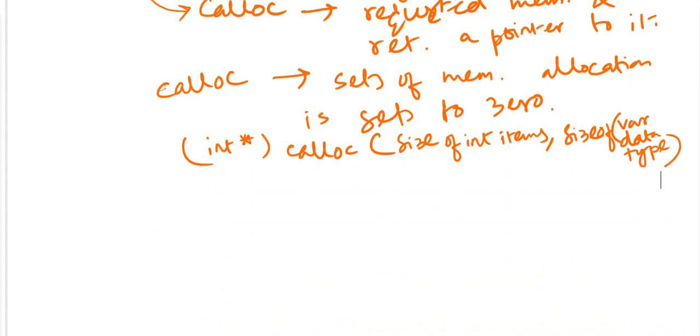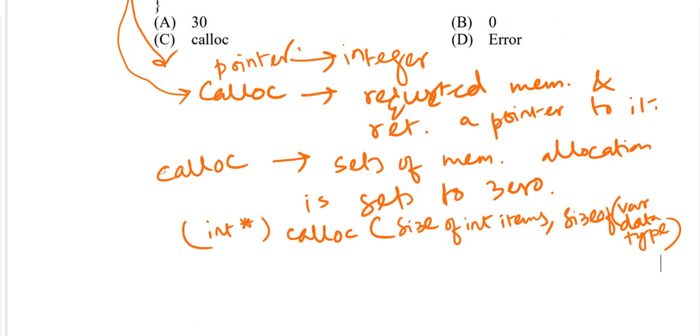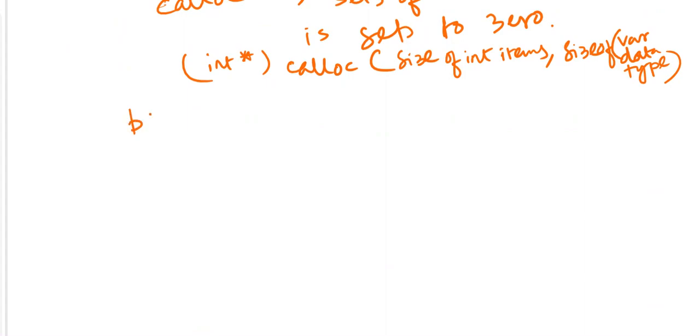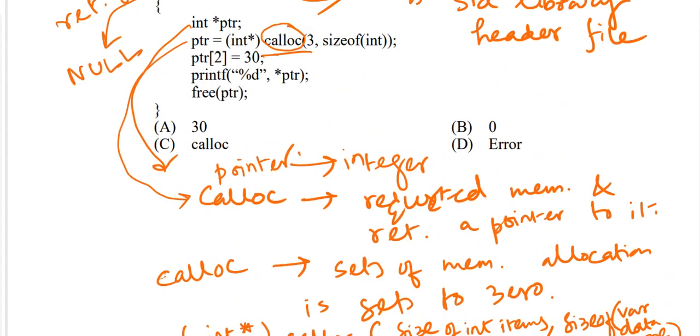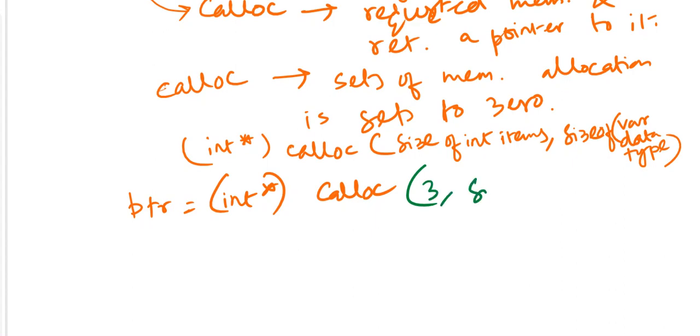So in this code, I will write it again: ptr equals (int *) calloc(3, sizeof(int)), the data type being int.